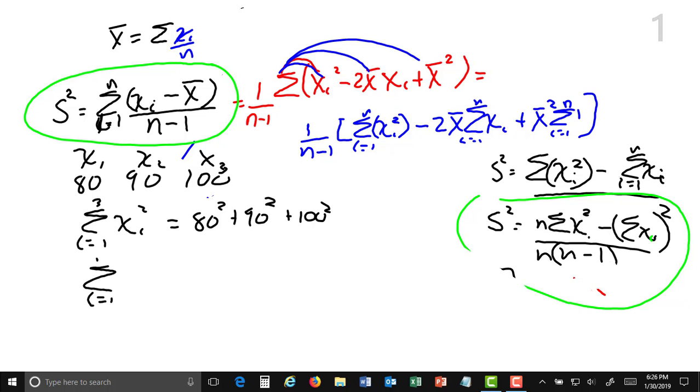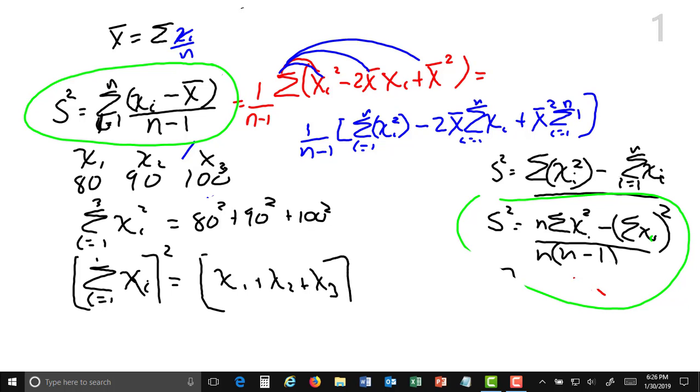i equals 1 to 3. Now, watch, be careful, because this is x of i, right? But it's just quantity, this whole thing squared. 2 copies of that, right? So what does it mean? Well, let's just expand what this means. It means x of 1 plus x of 2 plus x of 3, whatever that quantity is, squared.